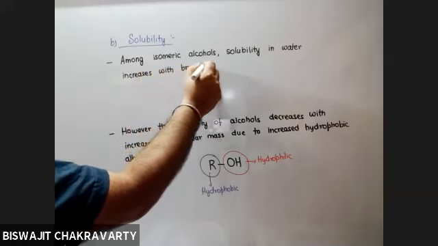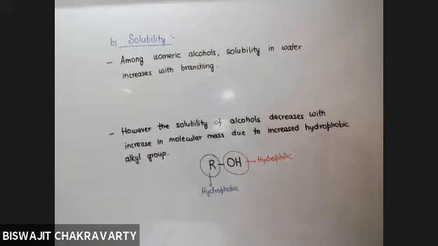Can anybody explain me this? Why solubility in water increases with branching? It's a very simple concept. Just think and tell me what can be the reason.